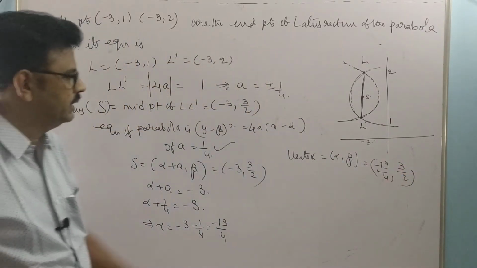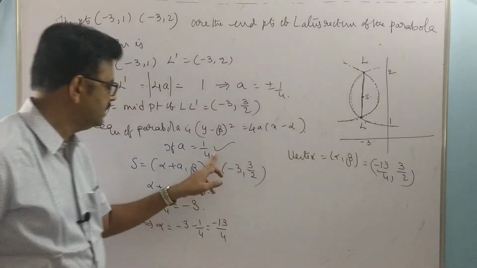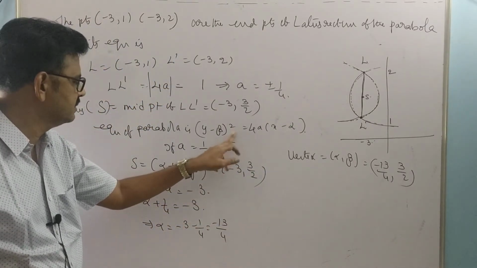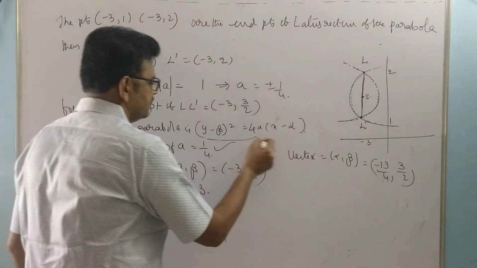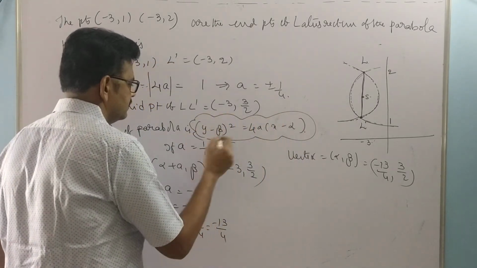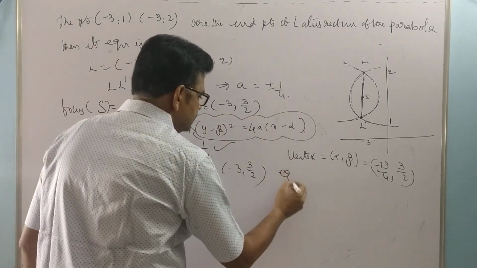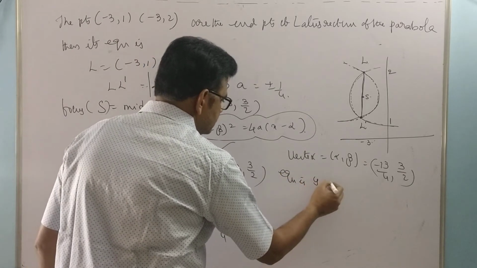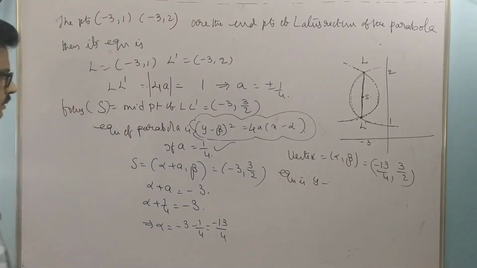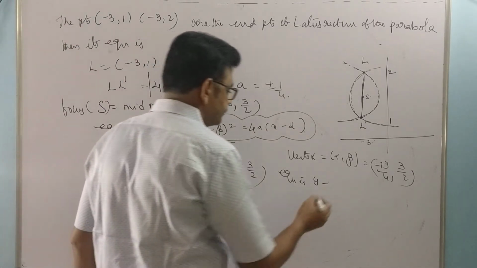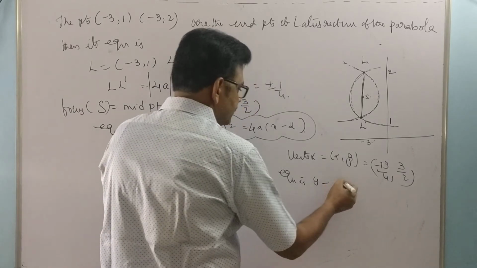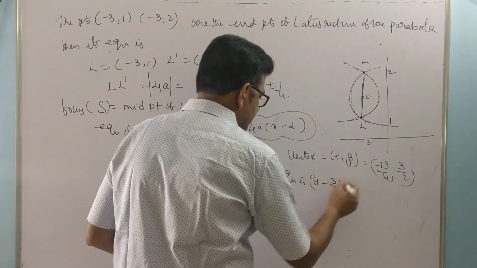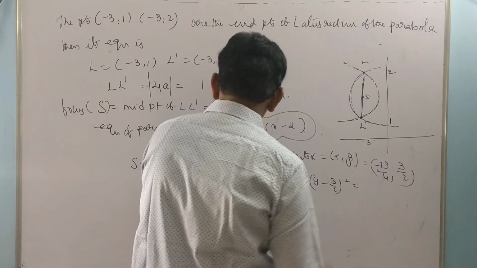Okay, now we have the vertex (alpha, beta) and a is also there. Then what is the equation? This is the equation. Therefore the equation of the parabola is (y minus beta) where beta is 3 by 2, whole square equal to 4a.